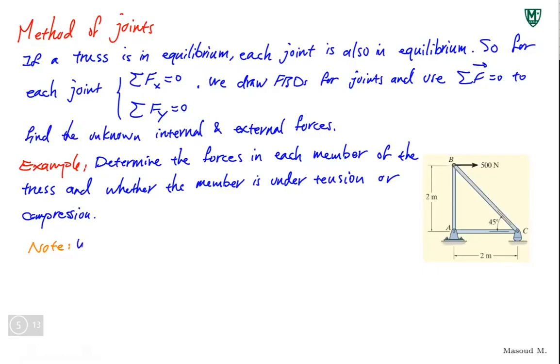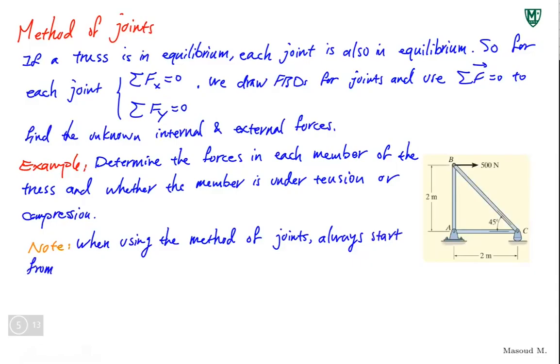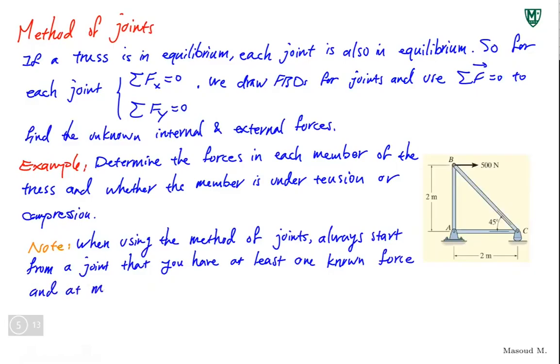So the first note would be: when using the method of joints, always start from a joint that has at least one known force and at most two unknown forces.